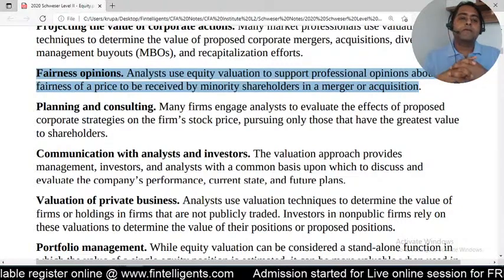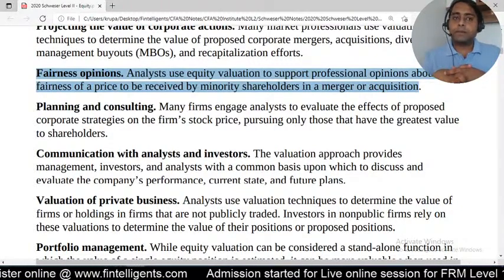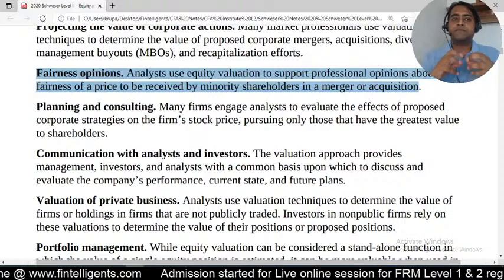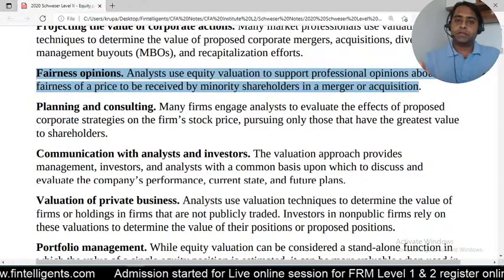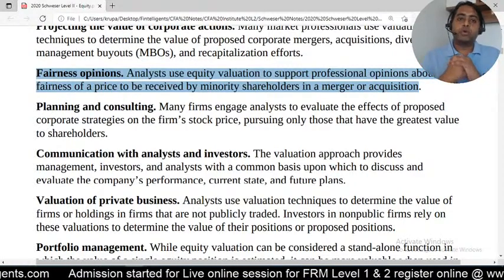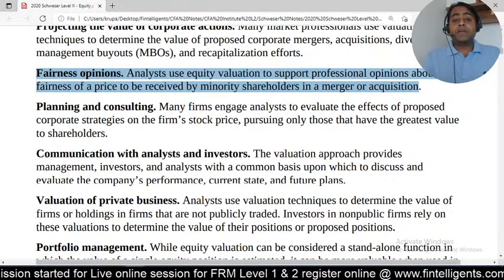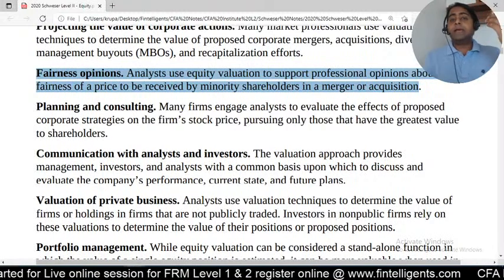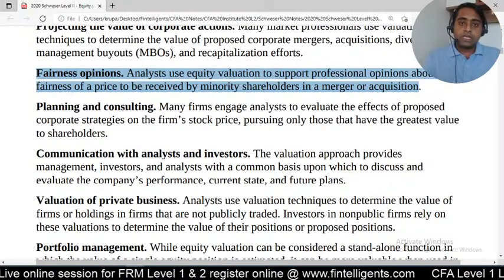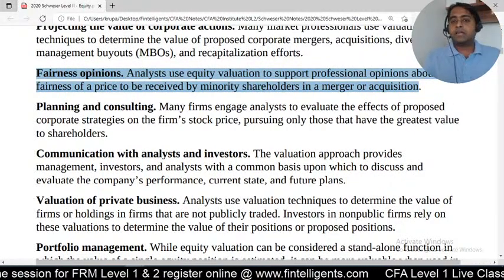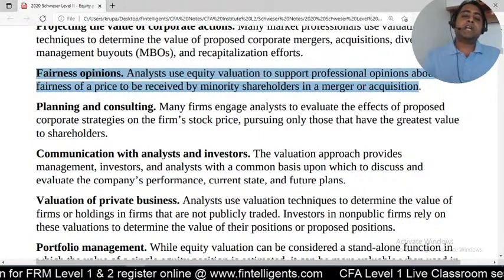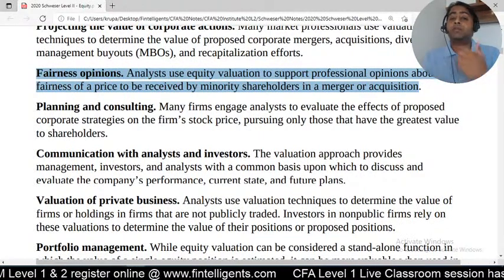Next section, planning and consulting. A lot of companies also do equity valuation, because if they want to launch a new strategic project, a bigger project, they also want to understand what is going to be the impact on the value of the company. That is the reason they employ the equity valuation process: before running the strategic project, and a few months after starting it, what is the impact on the value of the company.